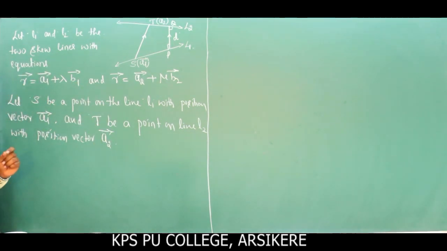That is, the vector A1 is the position vector of the point S and A2 is the position vector of the point T.